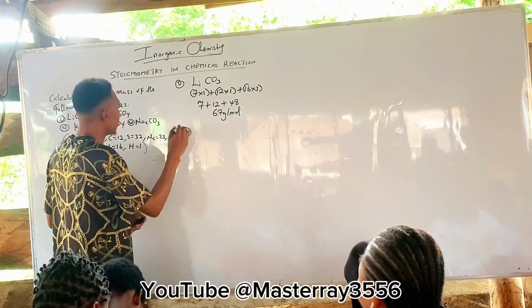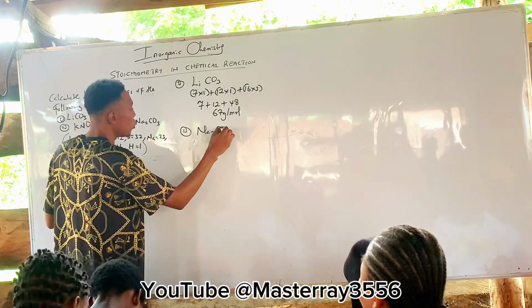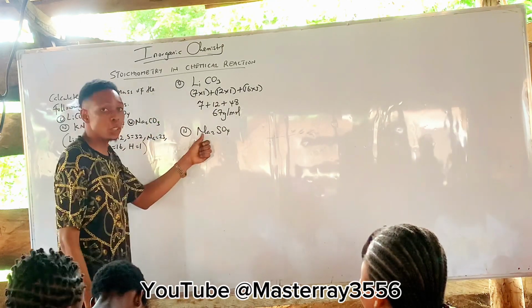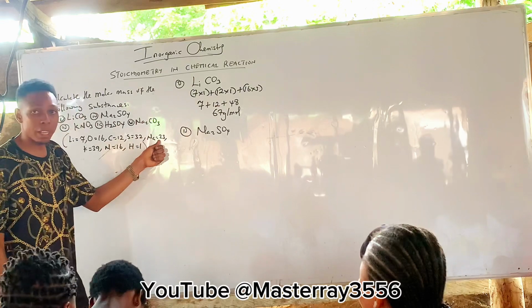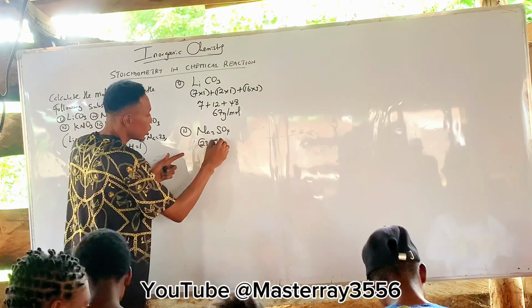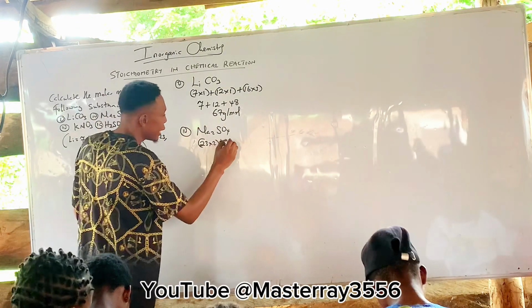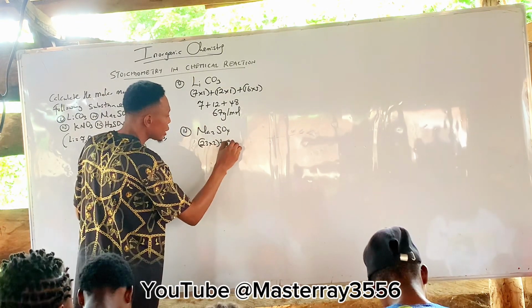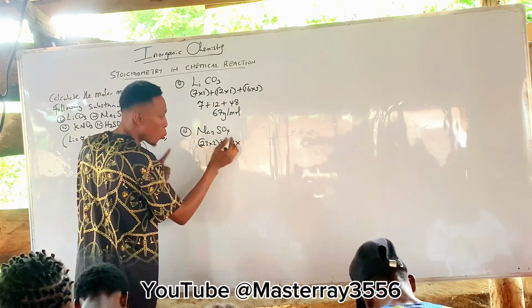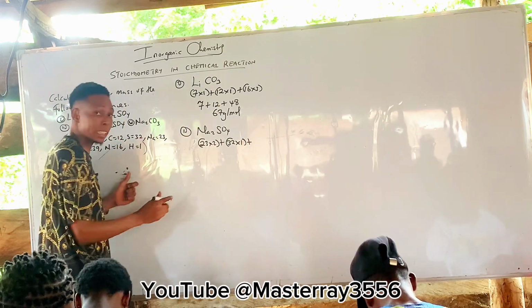So number 2, we are given Na2SO4. Now sodium is 23. That's 23 times 2. Plus sulfur is 32. That is 32 times how many atoms of sulfur? 1. Then plus oxygen is 16.